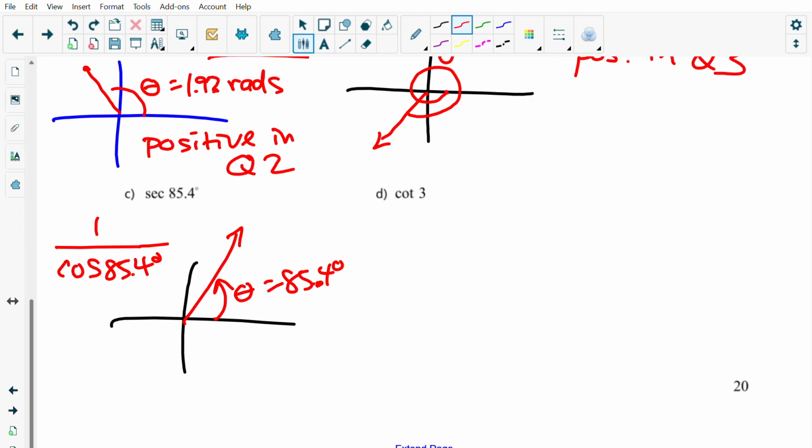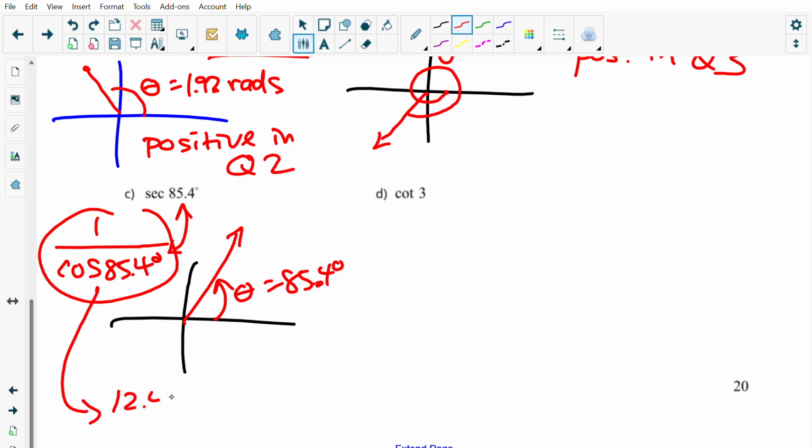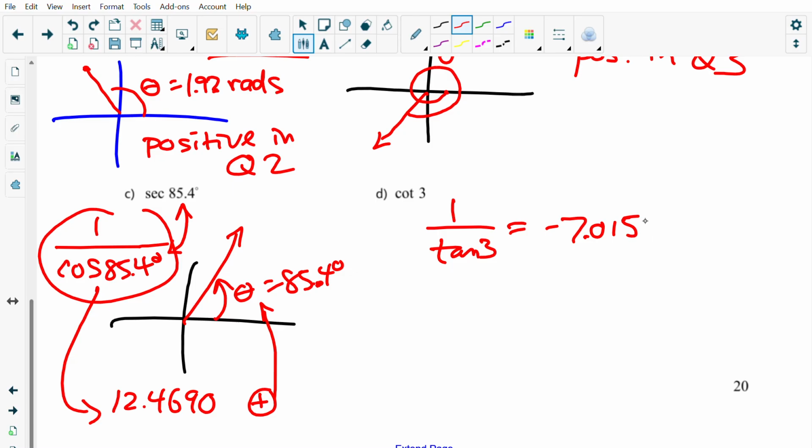These two statements are equivalent because I'm taking the reciprocal of that ratio. So this value ends up being 12.4690, which is a positive value, which is what we expect for quadrant 1 for a cosine or a secant ratio. Cotangent of 3, 1 over a tangent of 3, I get negative 7.0153.